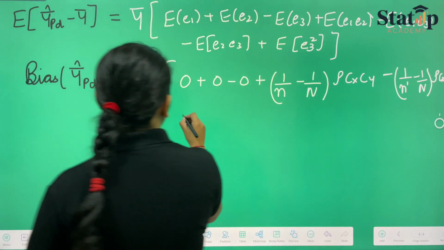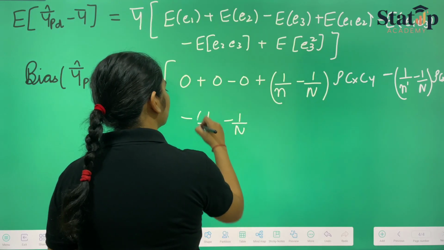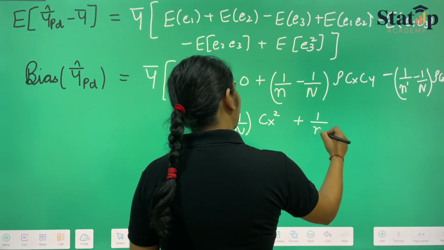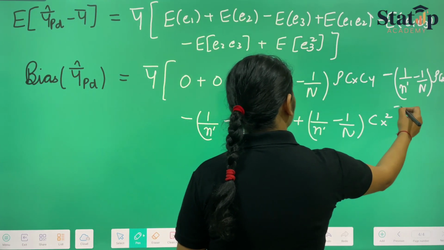Then E2 and E3 is 1 upon n prime minus 1 upon capital N Cx square, and this is 1 upon n prime minus 1 upon capital N Cx square.